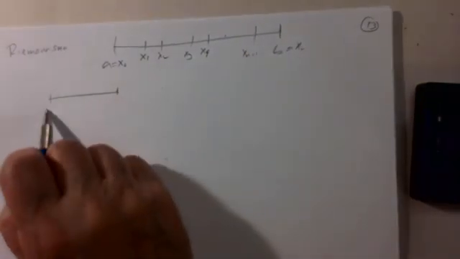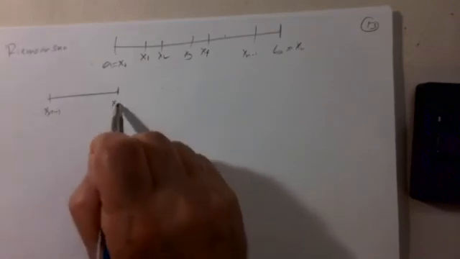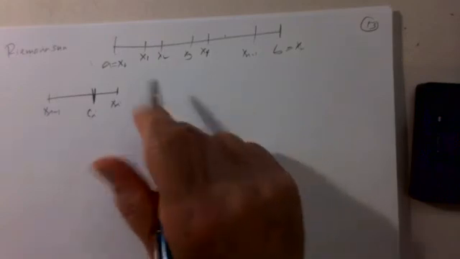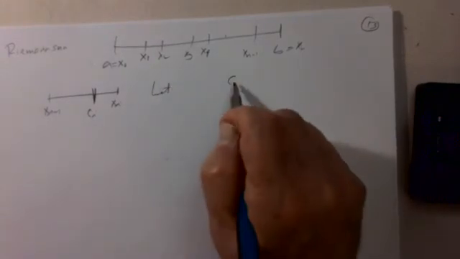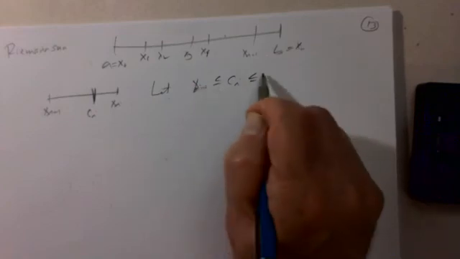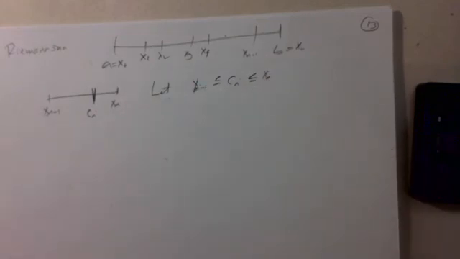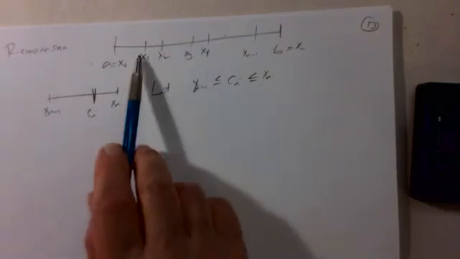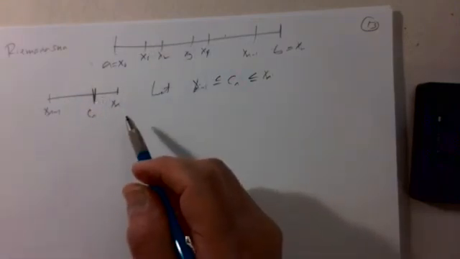And in each interval from x i minus 1 to x i, you choose any number c i, so let c i be some number between x i minus 1 and x i. This is just what we did a moment ago, but without requiring that the endpoints of these subintervals be equally spaced.